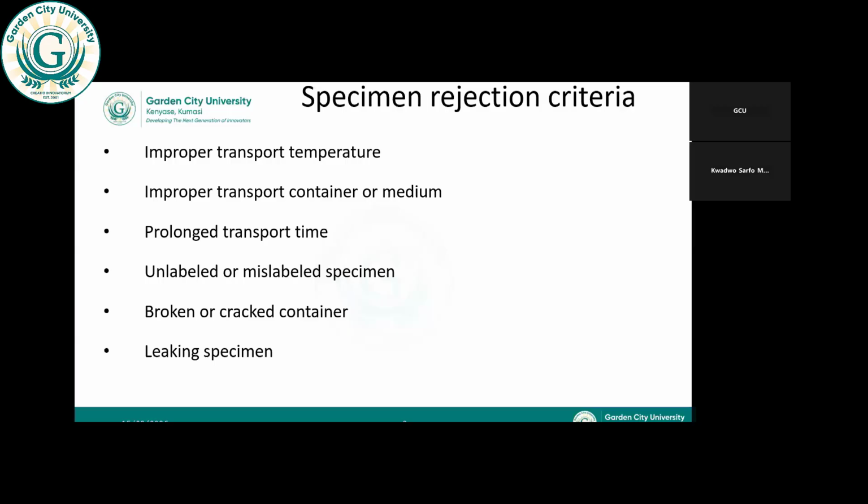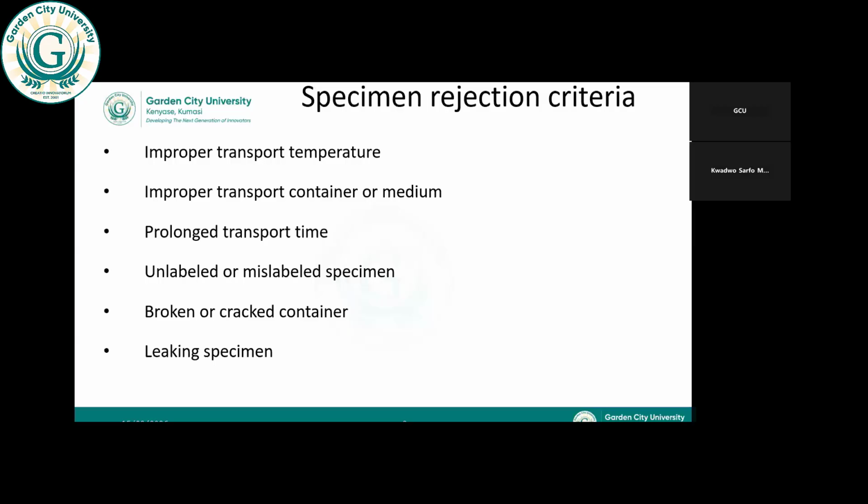If the container is broken, it should be rejected. You don't know what contaminants have been introduced in there. If there is leakage from the specimen, it should be rejected. So these should be checked before they are even transported. Sometimes you receive samples in the lab and you open the ice chest and there is leakage of the containers all over in the ice chest.